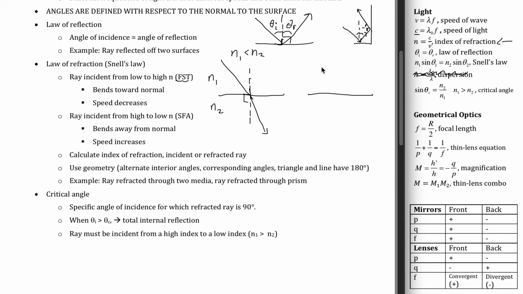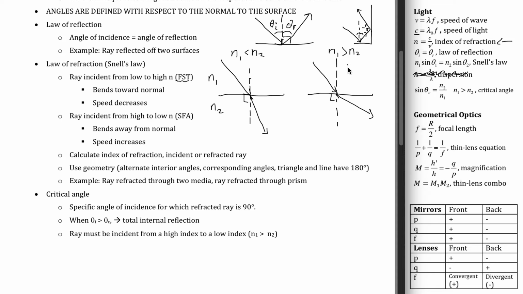So if your ray is incident this way, and then it's bending away from the normal this way, then this means that N1 is greater than N2 because it's going from a slow medium to a fast medium, and instead of moving in a straight line, it bent that way, which is away from this normal line.